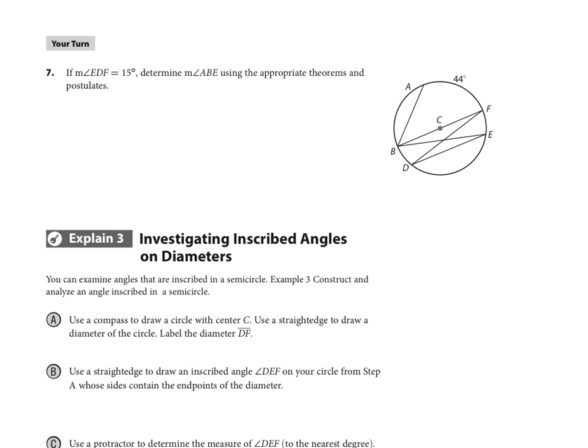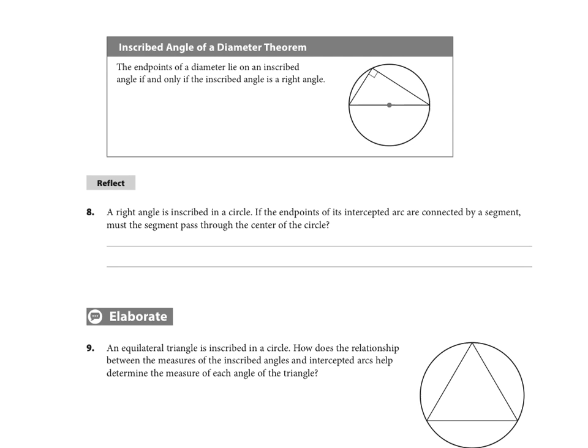Then we're going to skip over explain 3, except for at the very top of this page, this is a picture of what we've basically stumbled across in the last 2 examples, which is that if we have an inscribed angle off of a diameter here, so here's my inscribed angle, the chords are cutting off a semicircle, and it's on a diameter, then it's always got to be a right angle because it's half of 180 degrees.